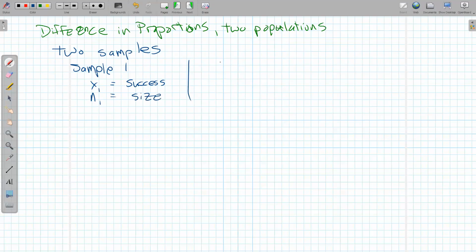And then we're going to have this other sample, sample 2, and we're going to need to know how many successes were in that sample, whatever we mean by success in that situation. And then how big is that sample?